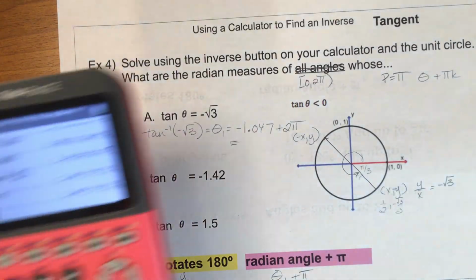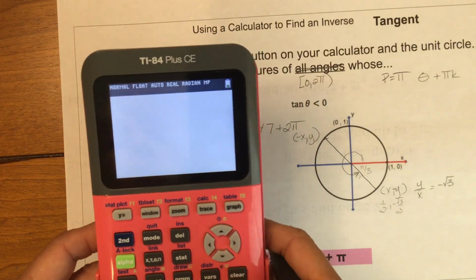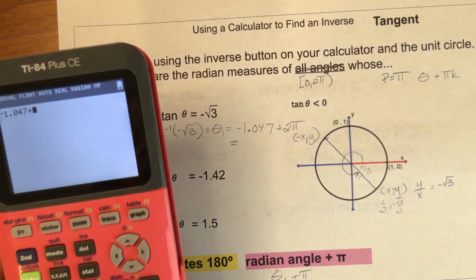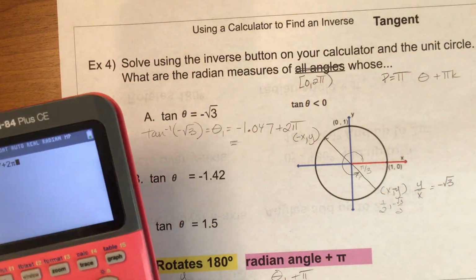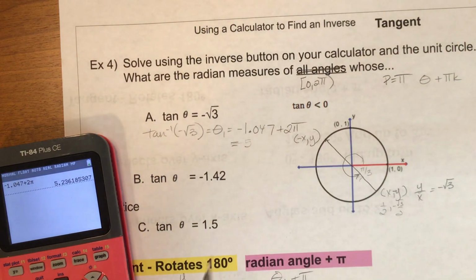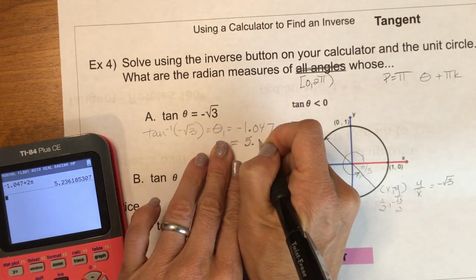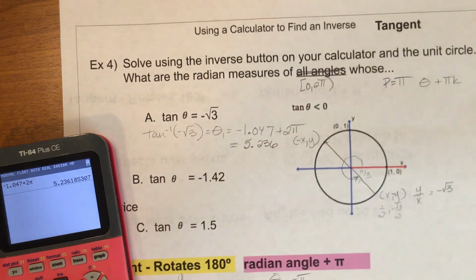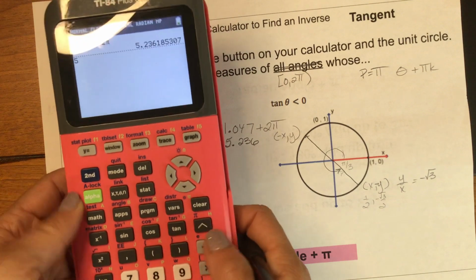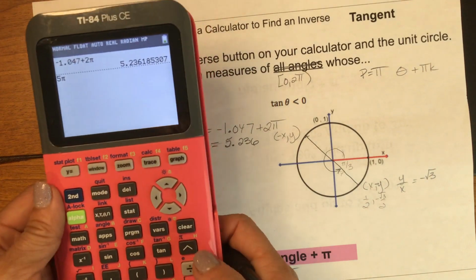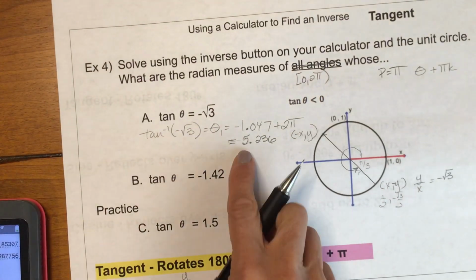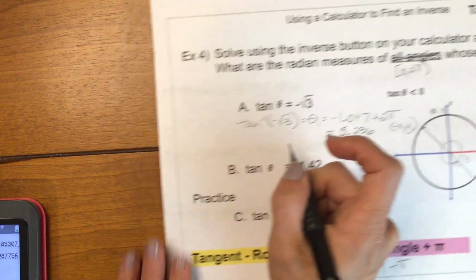So we're going to take that negative 1.047 and add 2 pi to it. And that gives me 5.236. That's just coterminal, and I believe that's probably 5 pi over 3. So 5 pi divided by 3. Yep, same thing. Okay, now this is theta 1.